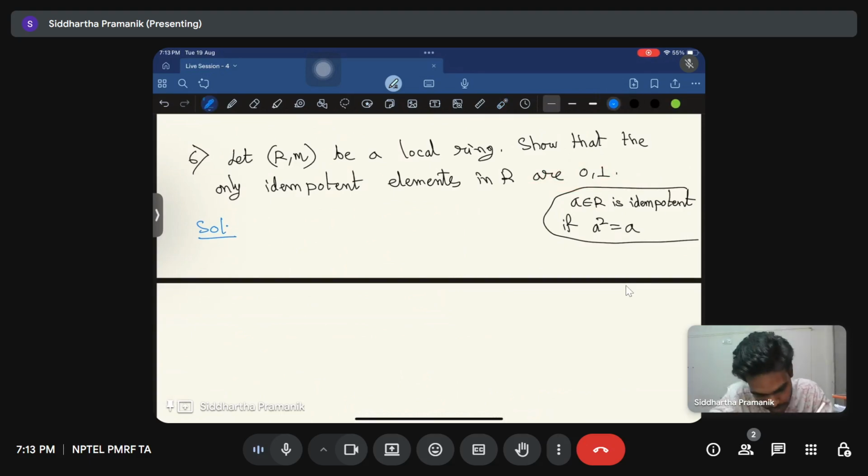So let's prove this. 0 and 1 are clearly idempotent elements. We need to prove that there are no other idempotent elements in a local ring.